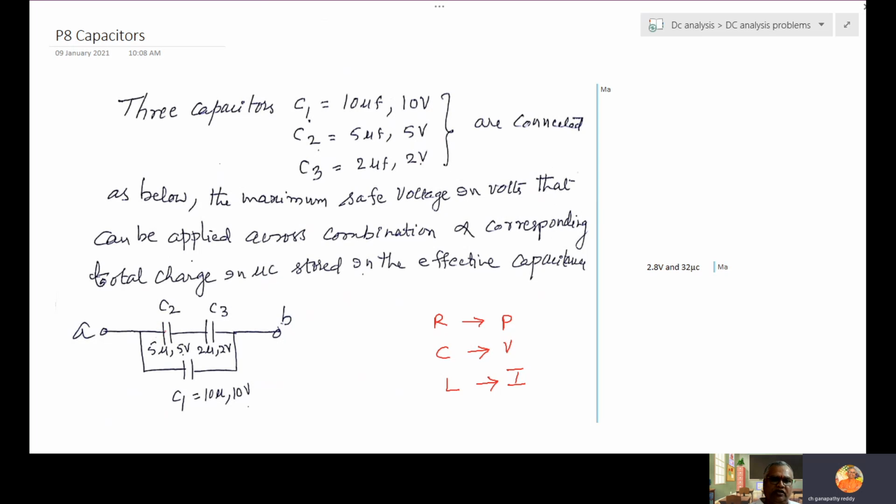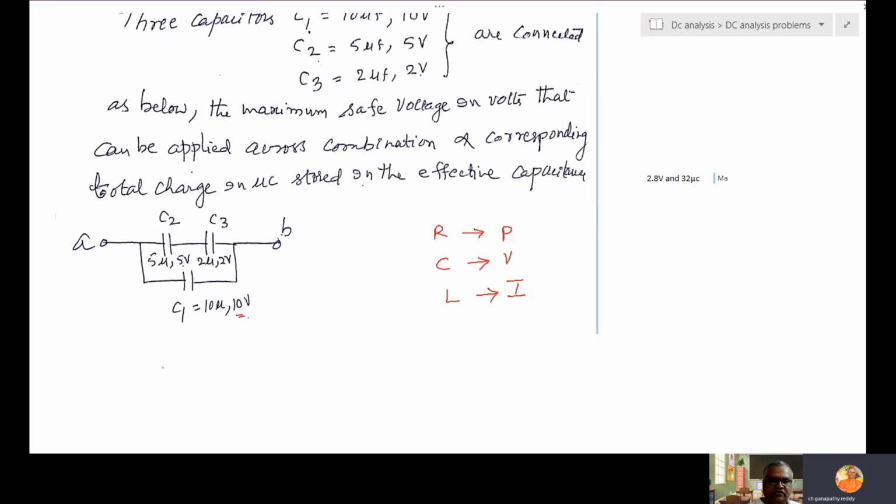So this capacitor can withstand up to 5 volts. C3 can withstand up to 2 volts. C1 can withstand up to 10 volts. Which is having less voltage? C3. If C3 does not break down, automatically C2, C1 will be safe. So we should see that C3 is safe. So what is the formula?